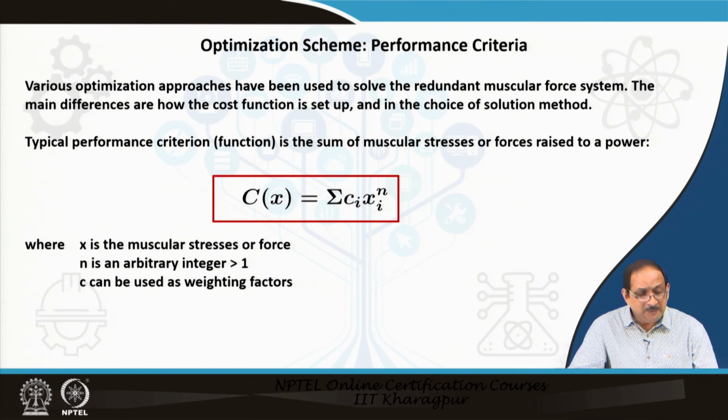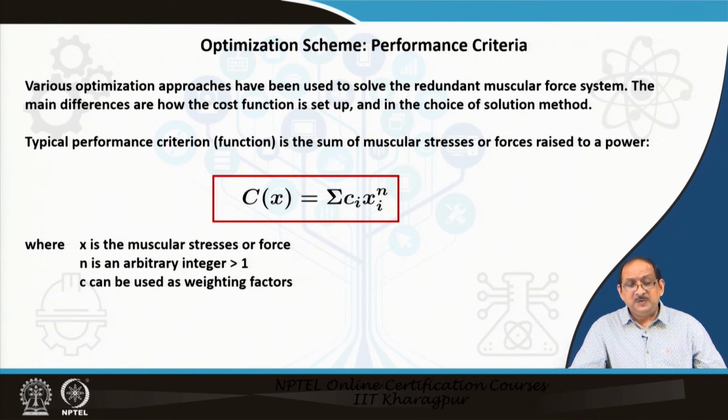Now, in a biomechanical context and with regard to an optimization scheme, the cost functions are sometimes called performance criteria to represent the performance which minimizes the activation of the muscular system. The assumption is that the body selects muscles for a given activity according to the performance criteria chosen.